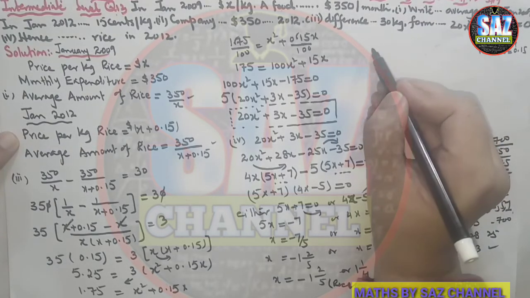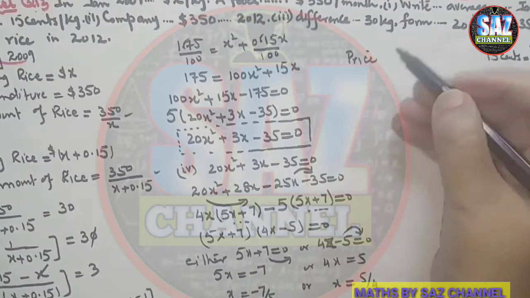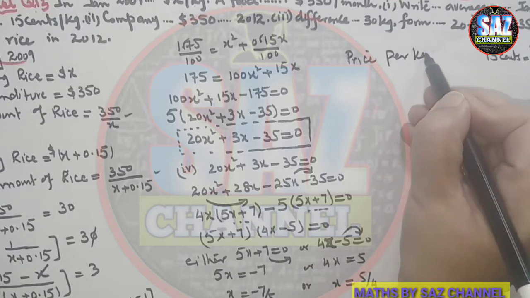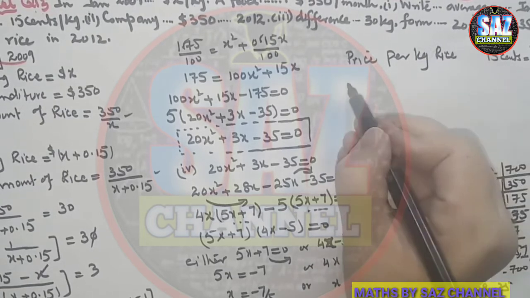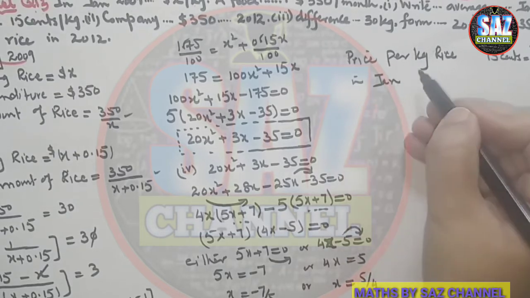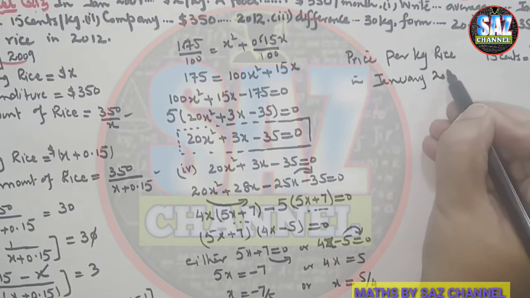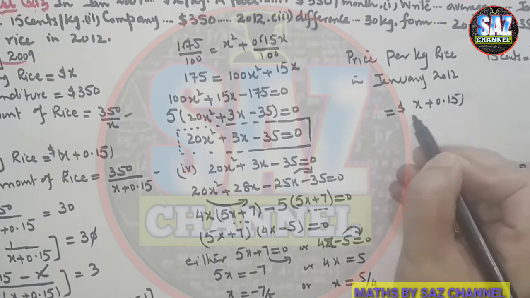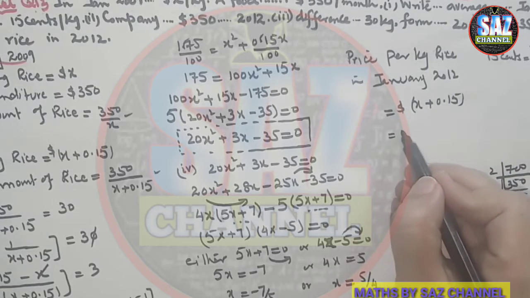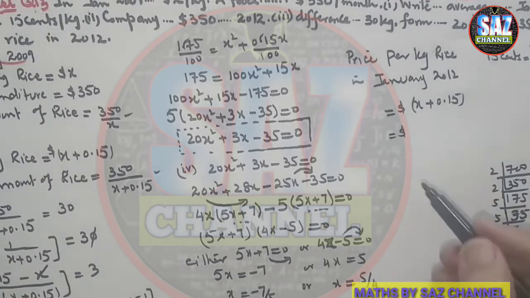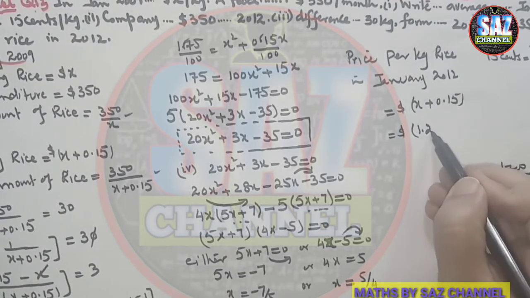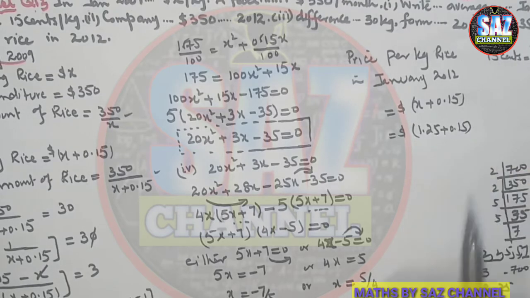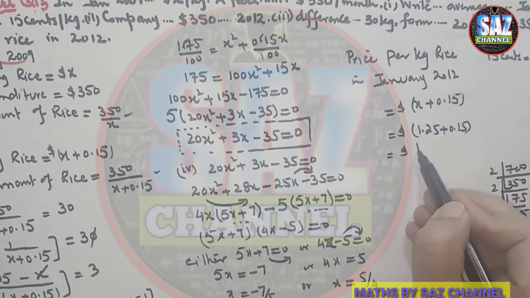So the price per kg of rice in January 2012 will be equal to x plus 0.15, and x is 1.25. 1 whole 1 by 4 is 1.25, plus 0.15, that is 1.25 plus 0.15, and this is $1.40.